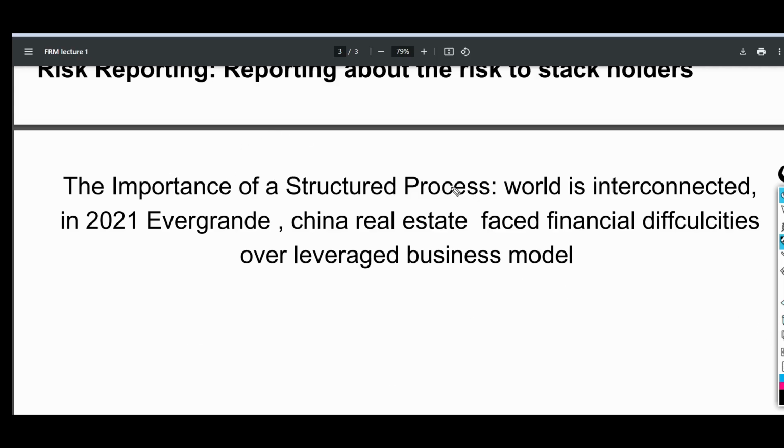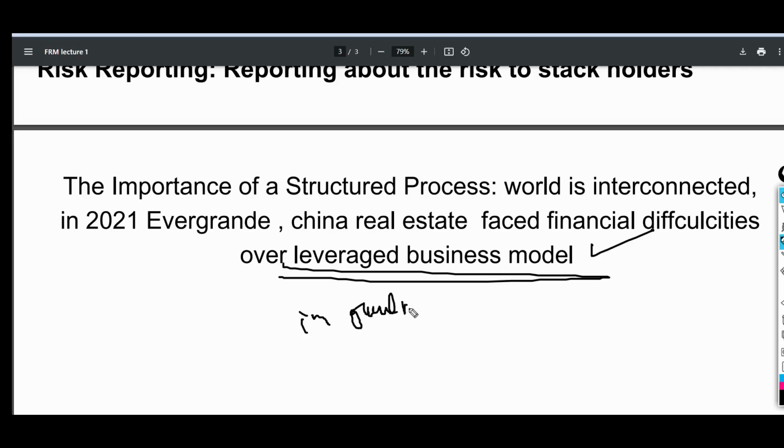In 2021, when China's real estate company Evergrande faced financial difficulties because of its excessive leverage business model, that impacted entire global markets. So identifying and mitigating risks at the source or at a low level is very, very important.